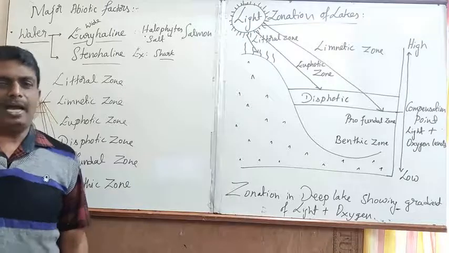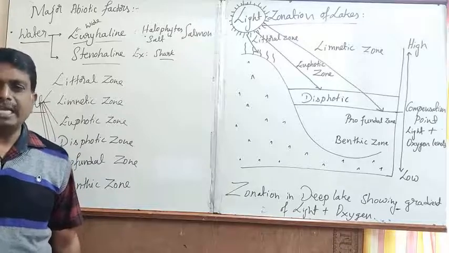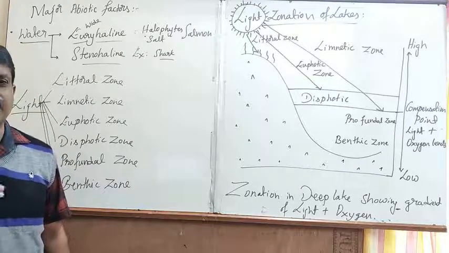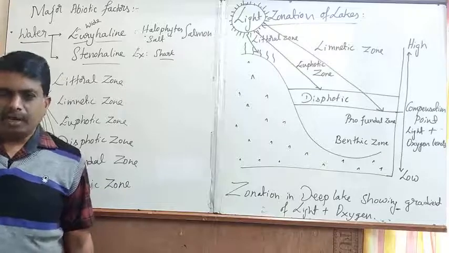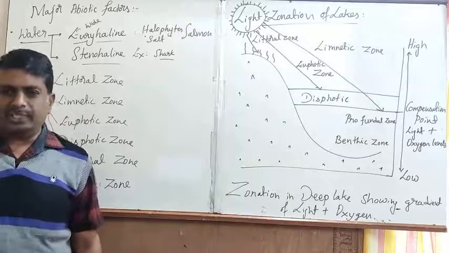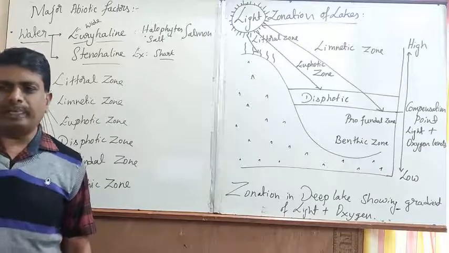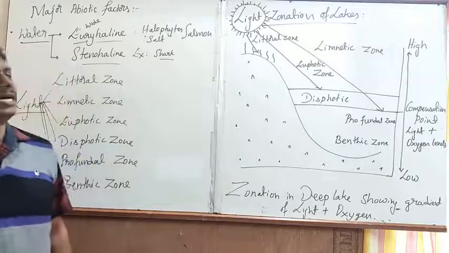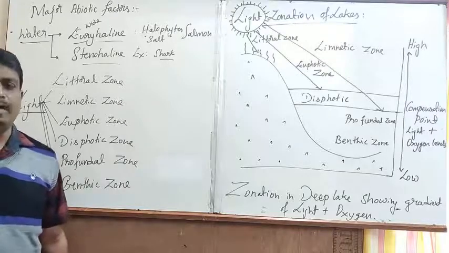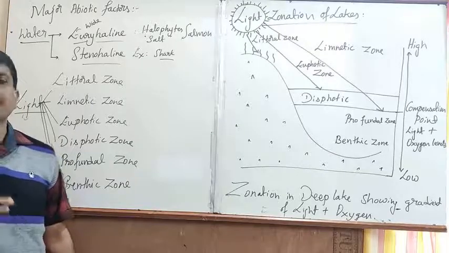Both ultraviolet and infrared light, or heat waves, exhibit lethal effects on living organisms. While analyzing light, the duration, the intensity and the quality of light, followed by altitude and season, play a very important role in determining the wide variety of life forms on the Earth's surface.